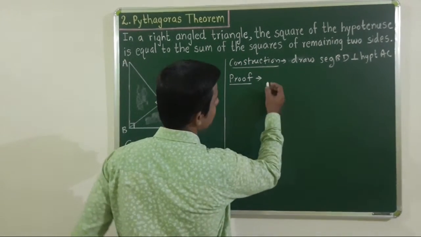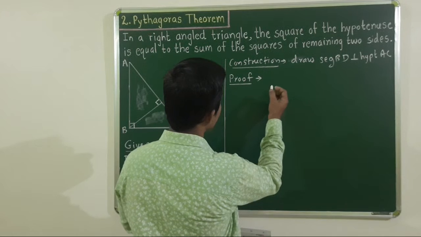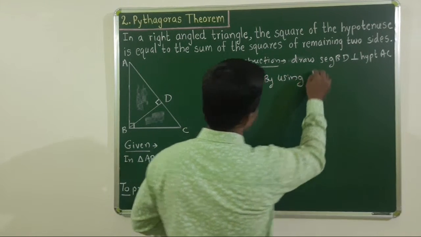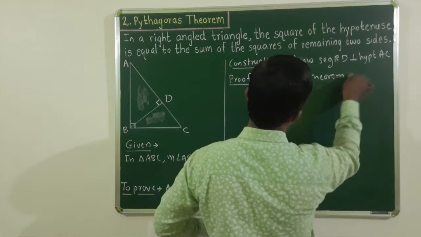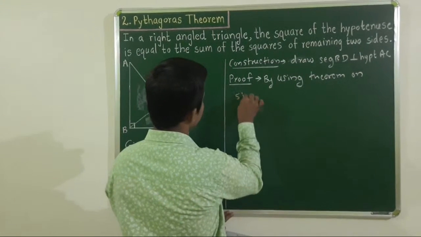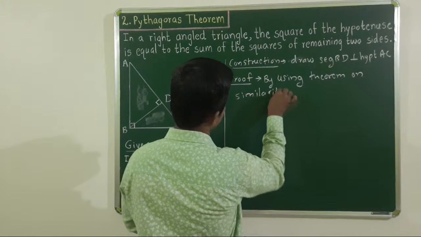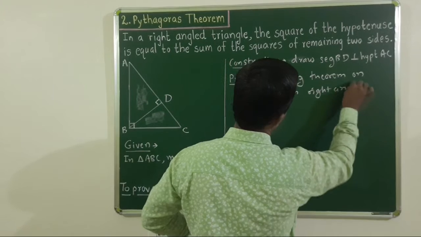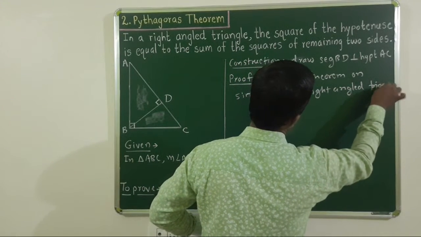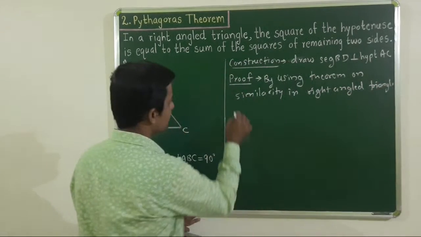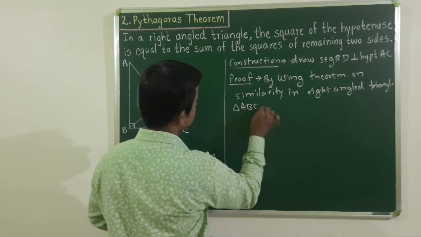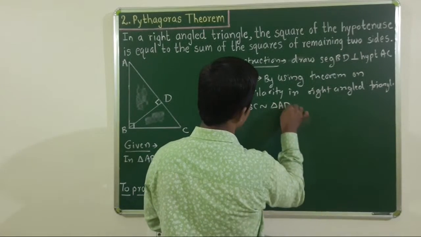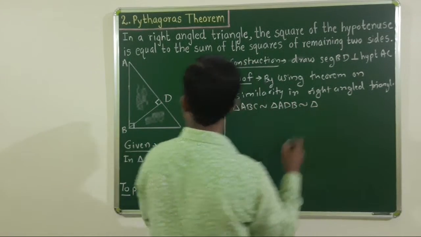All these three triangles formed are similar to each other. I can write, by using that theorem on similarity in right angle triangles, triangle ABC is similar to triangle ADB is similar to triangle BDC.